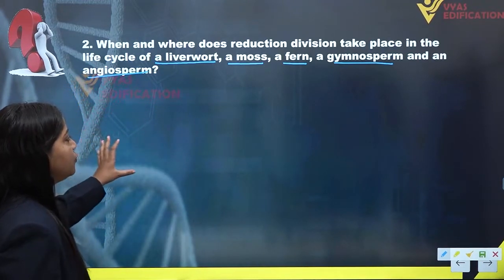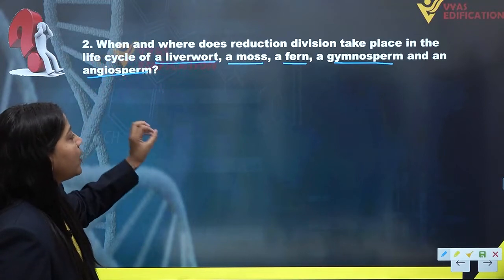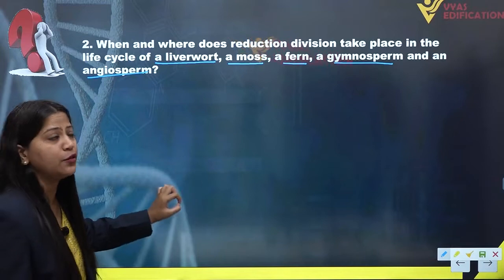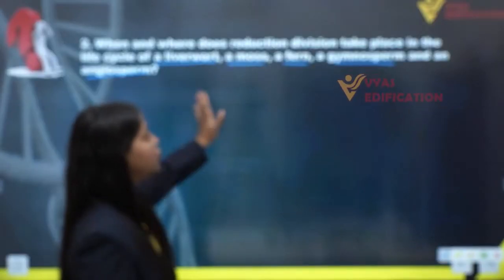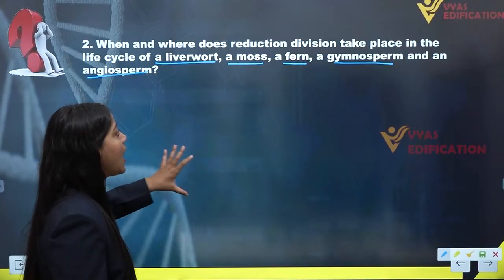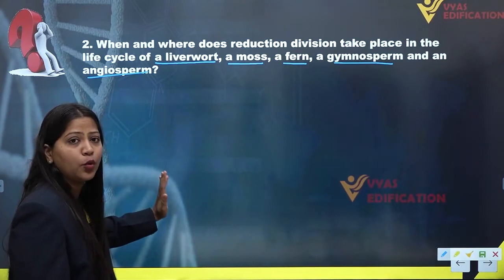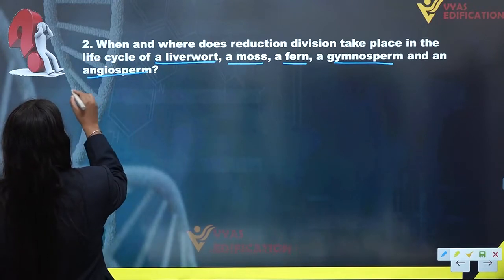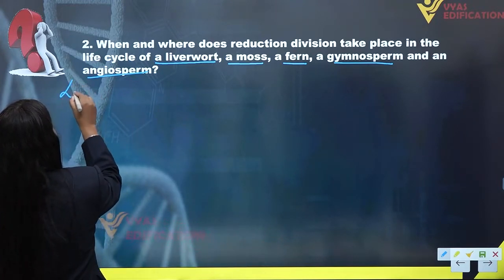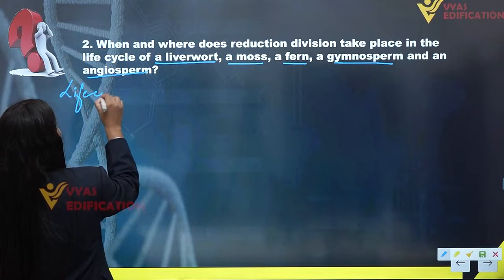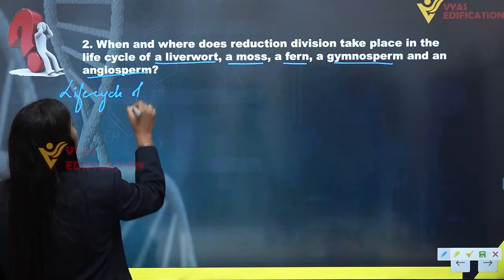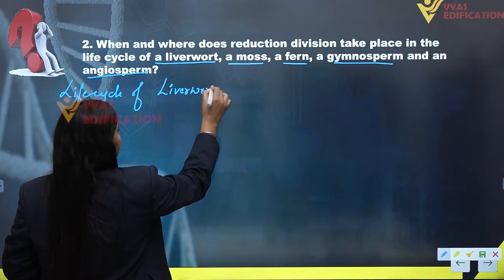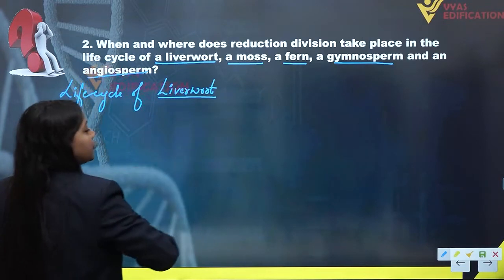So to answer the question of where and when the reduction division or meiotic division takes place in the life cycle of each of them, we have to know the life cycle of these plants. So first of all, we are going to discuss the life cycle of liverwort, which is a bryophyte.